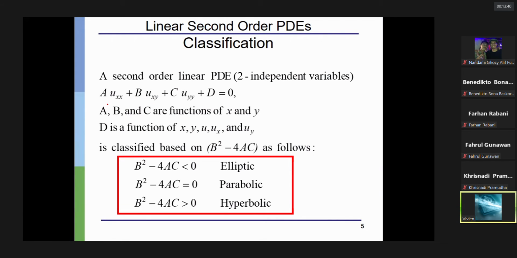Okay, so we have A times u_xx. If we look at u_xx, this is the definition of the second derivative of u in the x direction.